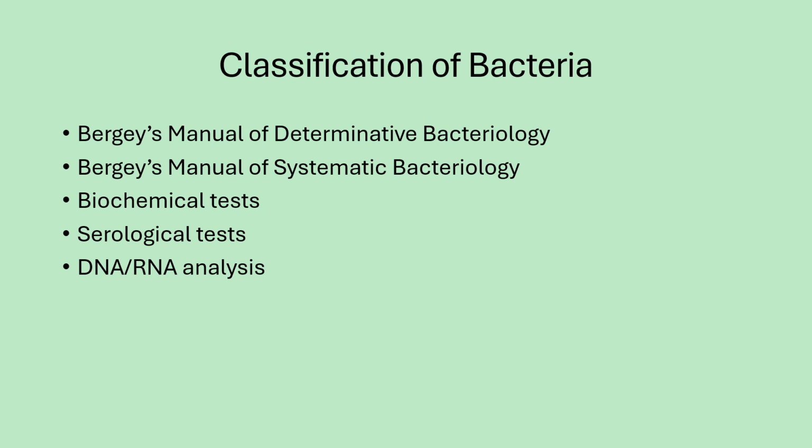So to classify bacteria, there are two different manuals that typically are used. These are the classic standby Bergey's Manual of Determinative Bacteriology and Bergey's Manual of Systemic Bacteriology. They will list every single bacteria that's ever been discovered, and it places it in its categories.